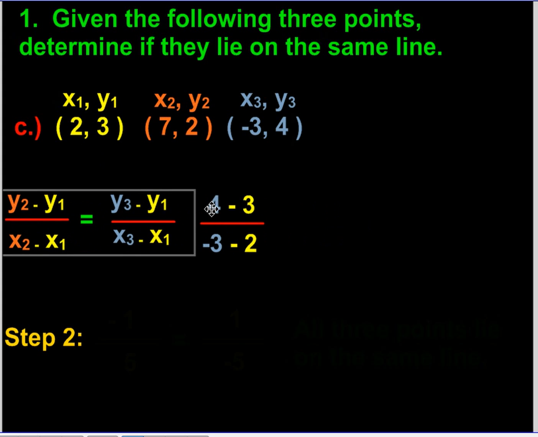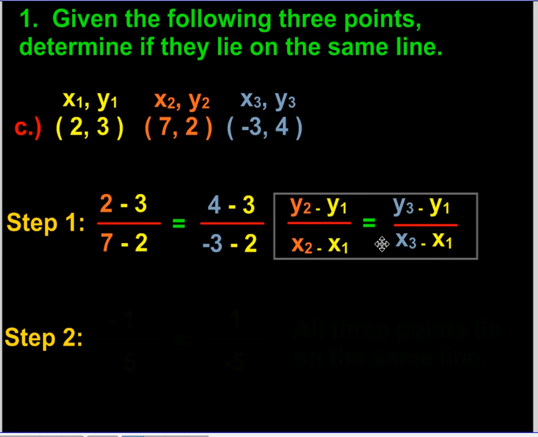And then we have y3, which is 4, minus y1, which is 3, over x3, which is -3, minus x1, which is 2. This gets us -1 over 5 on this side and 5 over -1 on this side.